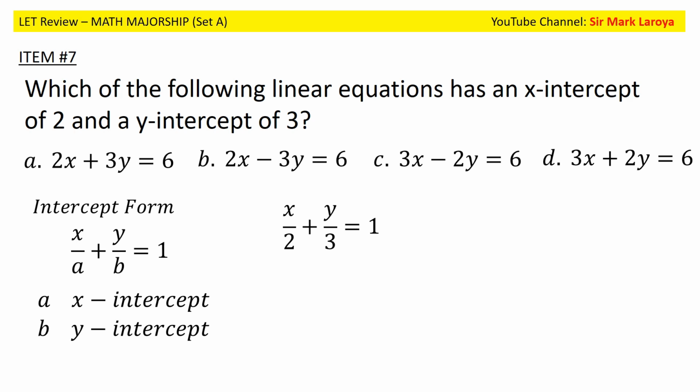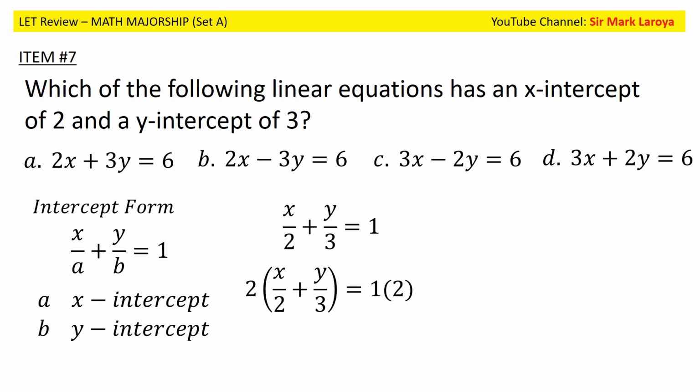But since yung mga choices natin ay nasa standard form ng linear equation, hahanapin natin yan. First, we have to get rid of the denominators, yung 2 and 3. So, how do we do that? First, eliminate muna natin yung first denominator, yung denominator ni x, which is 2. So, we multiply both sides by 2, or should we say, multiply natin lahat ng terms by 2.